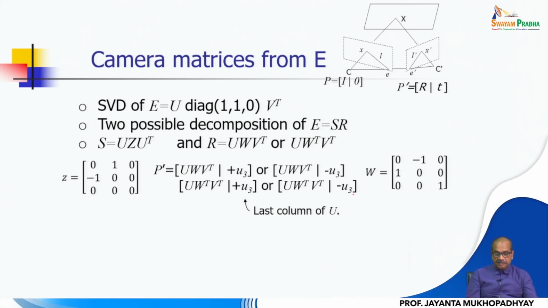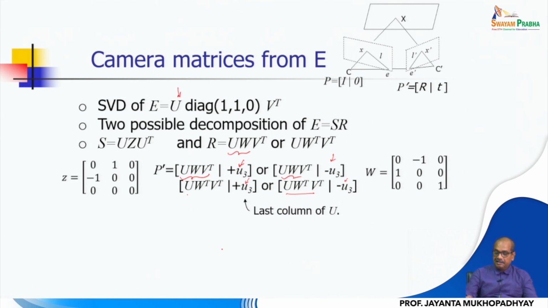Further, you can see how P prime is defined: U W V transpose, plus U3 or minus U3, where U3 is the third column vector of U, and U W transpose V transpose, plus U3 or minus U3. These are the possible decompositions, so there are 4 possible configurations.